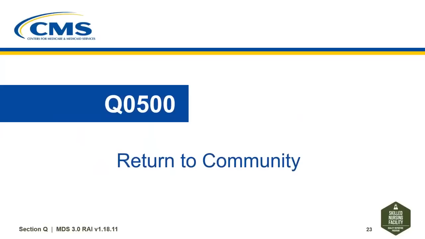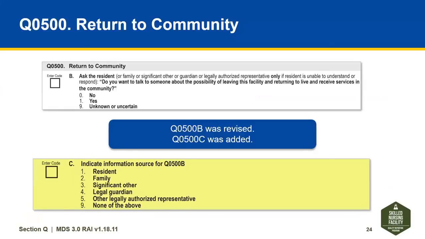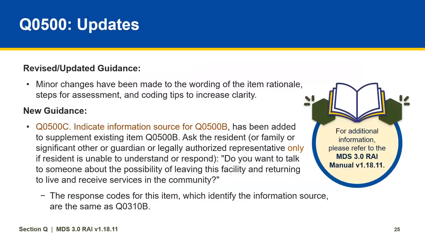Next, we'll take a look at Q0500, Return to Community. For this item, Q0500B was revised, and Q0500C was added. Minor changes have been made to the wording of the item rationale, steps for assessment, and coding tips to increase clarity. Additionally, Q0500C, indicate information source for Q0500B, has been added to supplement existing item Q0500B.